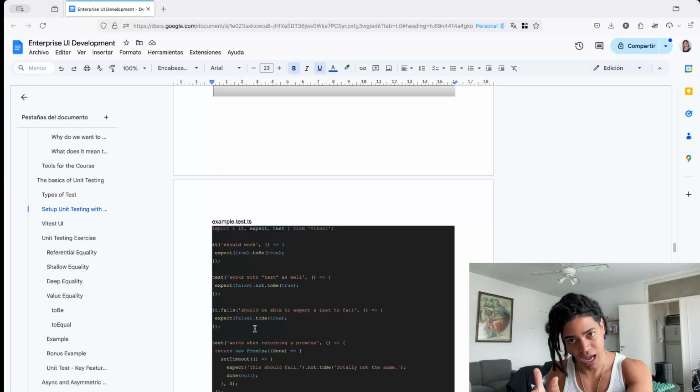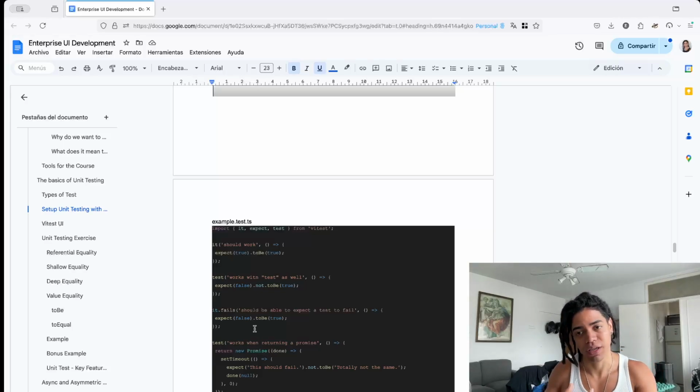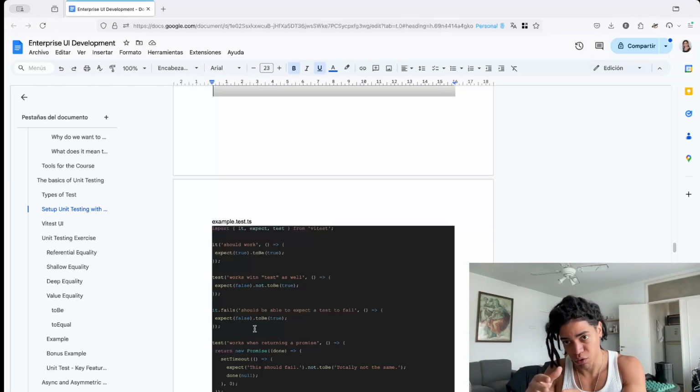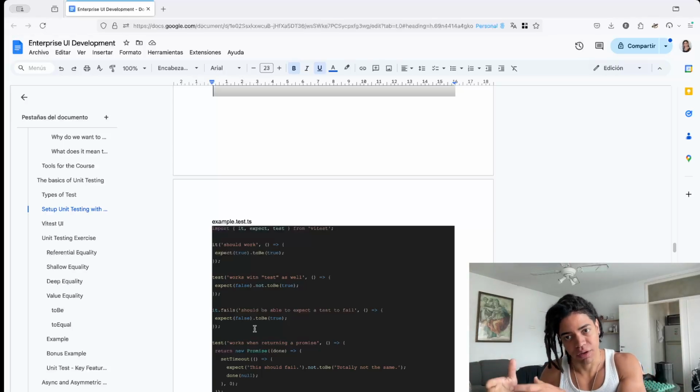Okay, and this is where now you need to go deeper into the language as a way to say what does it mean: equality, referential, and value, because this is the way JavaScript actually stores memory, using of course C, as a way to say, hey, this is how we're going to allocate memory for this particular value.